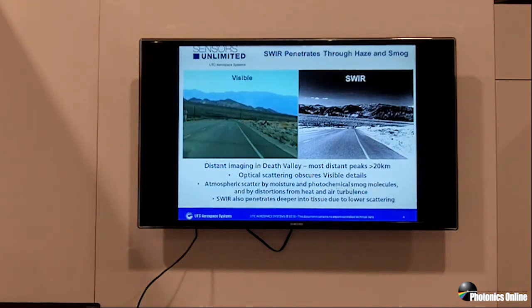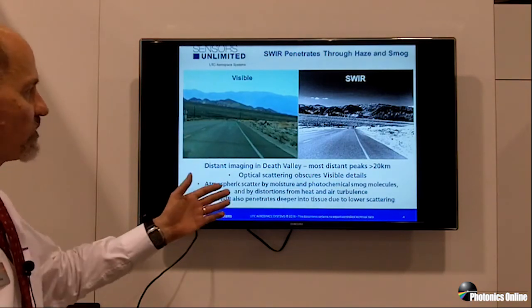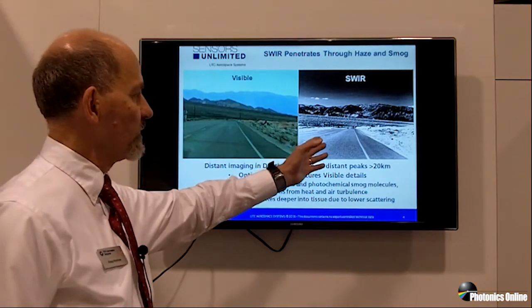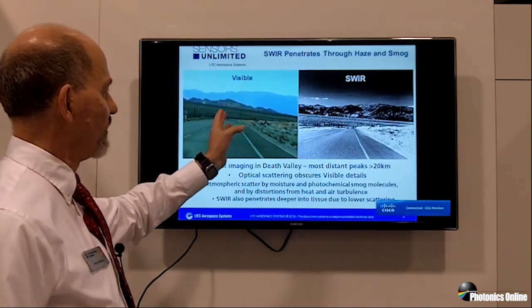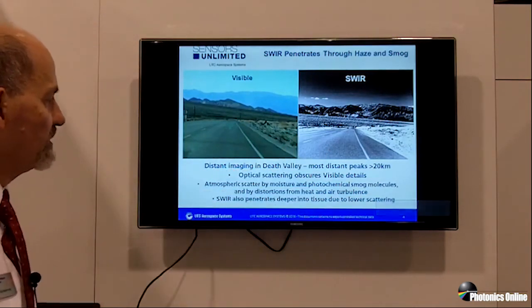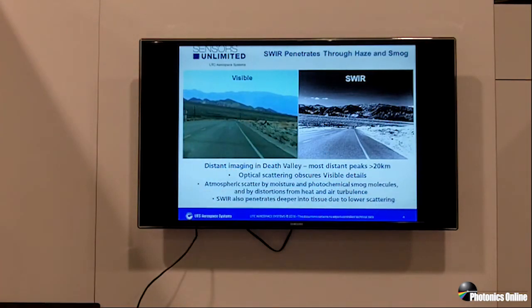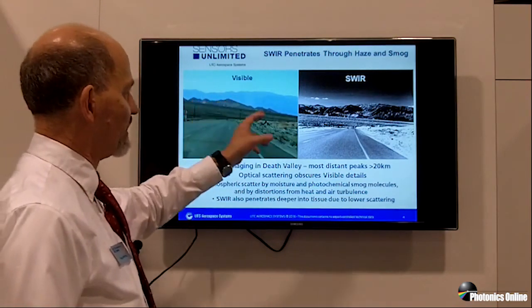This slide illustrates the penetration that you can get with SWIR in haze. In the visible camera, this is all very cloudy. Here you see very sharply, 20 kilometers away, the mountaintops. Also notice that here you barely can see the clouds.